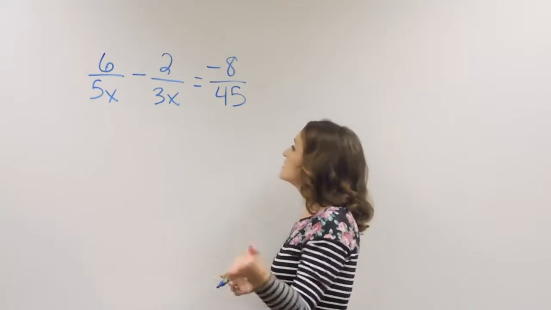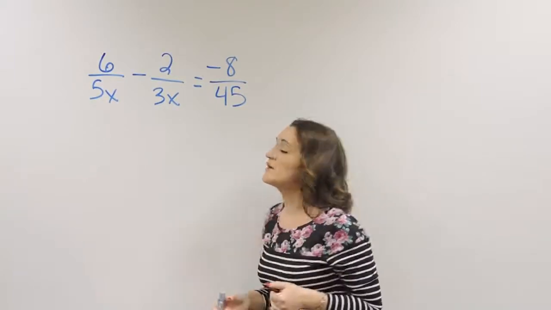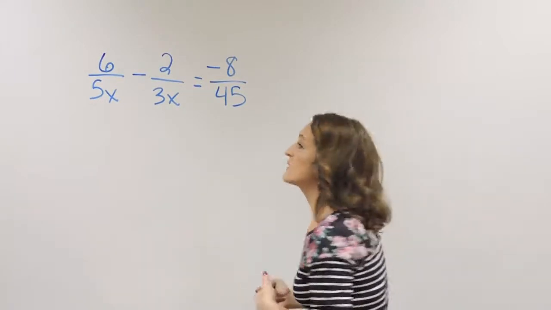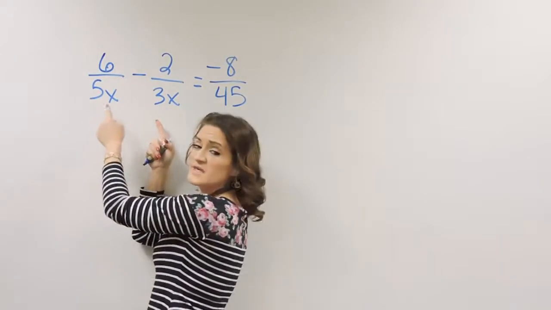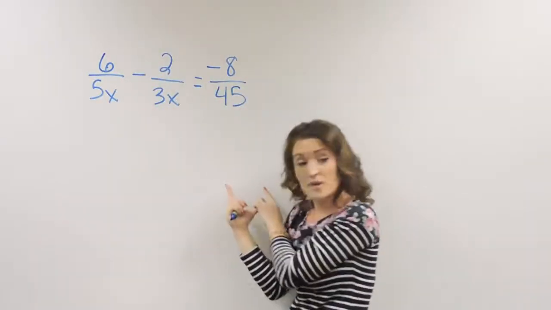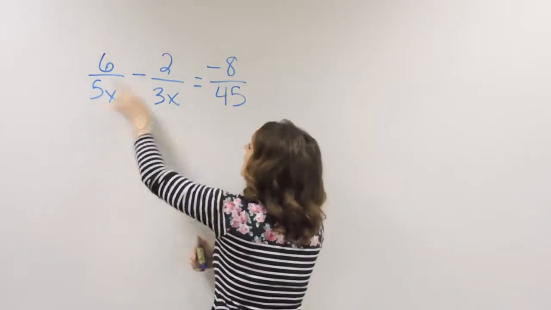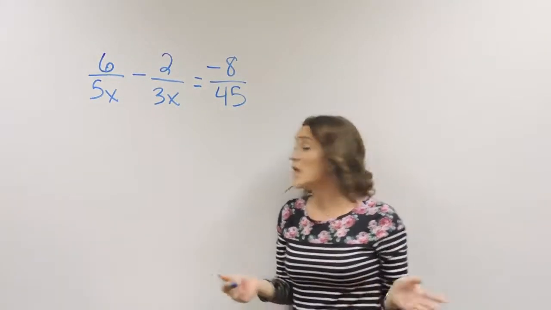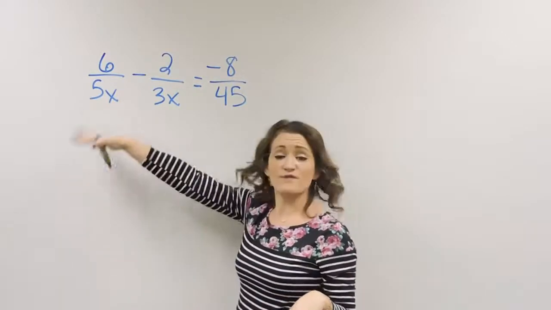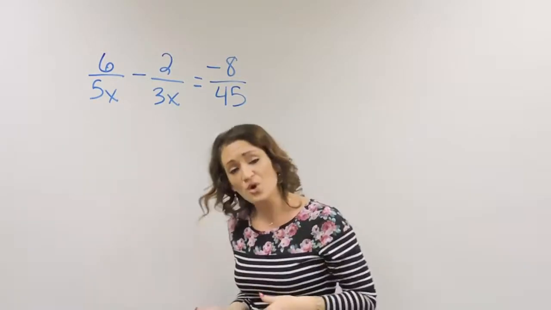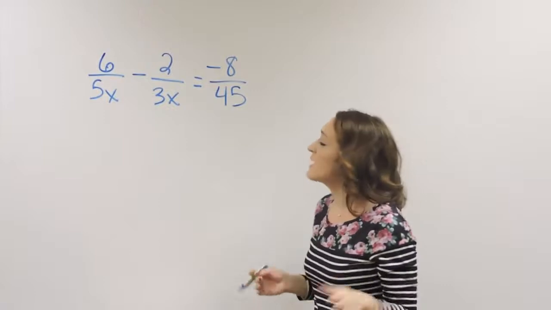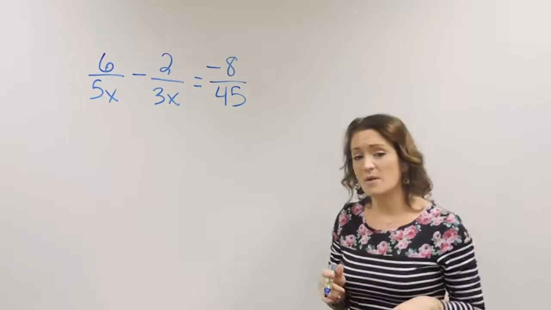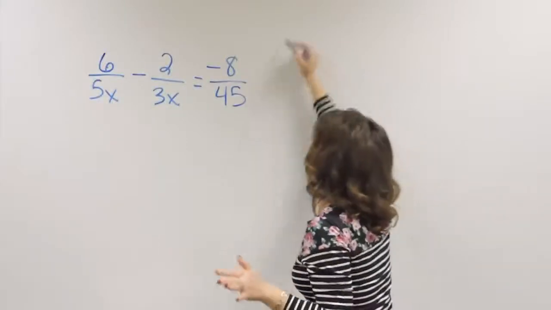When you're dealing with three different denominators, I would recommend taking the two smaller ones and checking to see, do they go into the bigger one? Does 5 go into 45? Does 3 go into 45? For this particular example, both 5 and 3 do go into 45. So that means 45 would be my common denominator as far as my numbers are concerned.